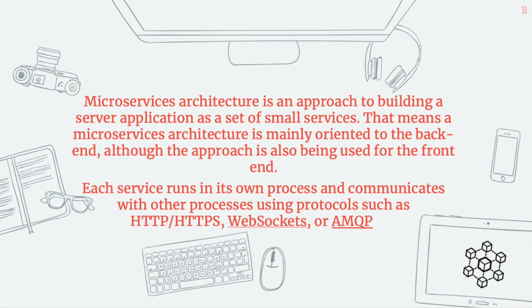So microservice architecture is an approach to building a server application as a set of small services. That means a microservice architecture is mainly oriented to the backend, although the approach is also being used for the front end. Each service runs on its own process and communicates with other processes using protocols such as HTTPS, WebSockets, or AMQP.